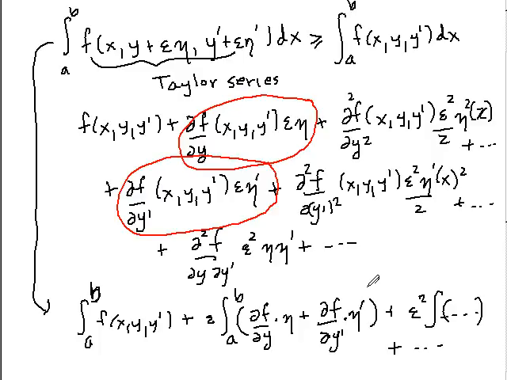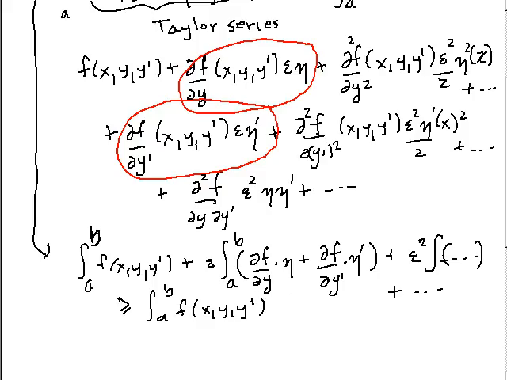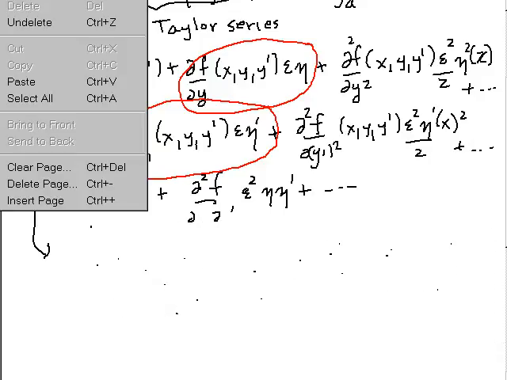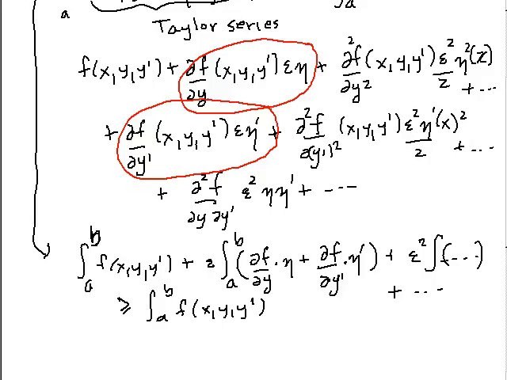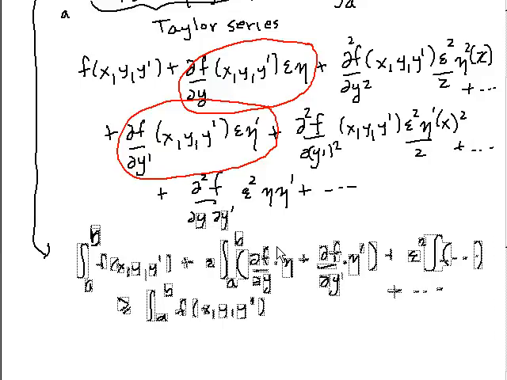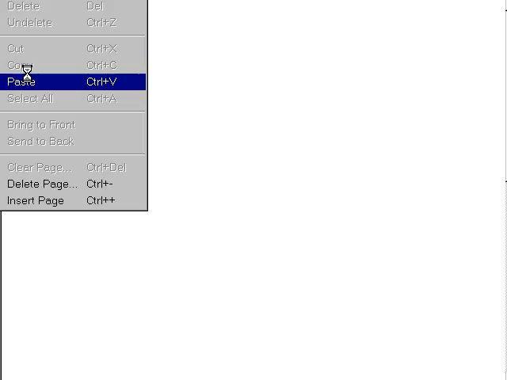Okay, now what's the condition that this be bigger than or equal to I of x, y, and y prime? Well, if you look at it, let's copy this. Let's look at this here.